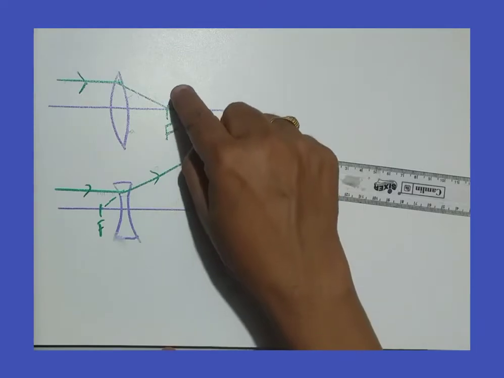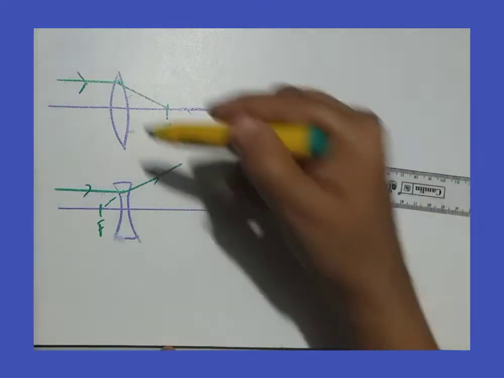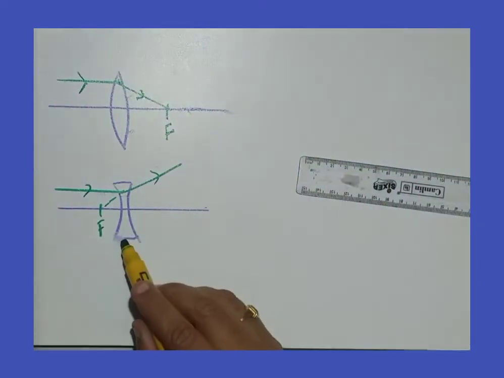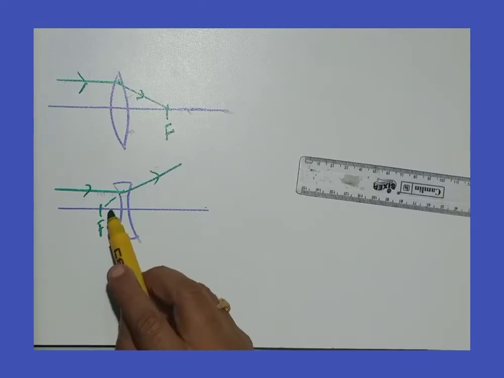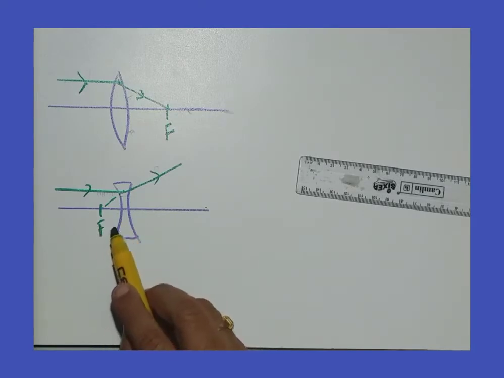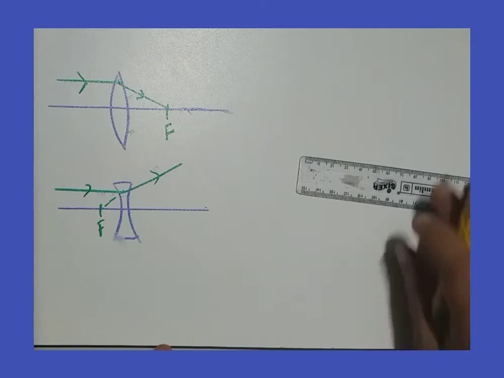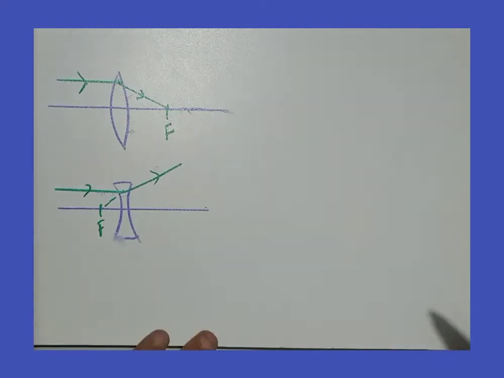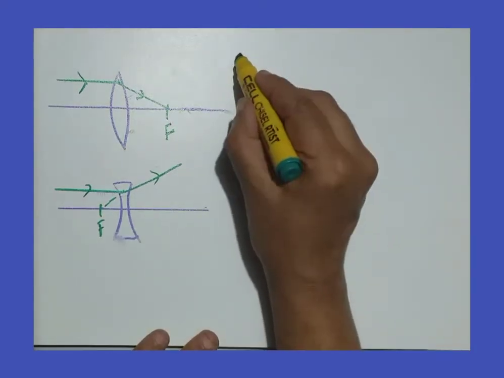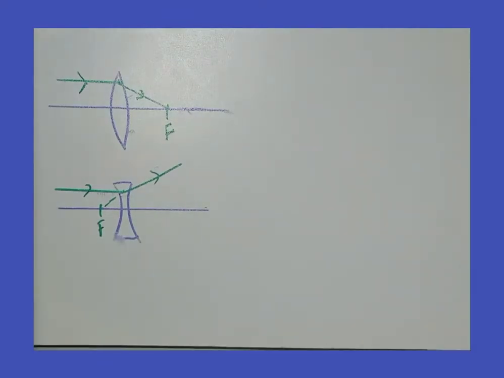Observe, in the convex lens, the light ray actually converges to a point. In case of concave lens, the light ray appears to come from a point. Therefore, we can go for the definition of principal focus like this.